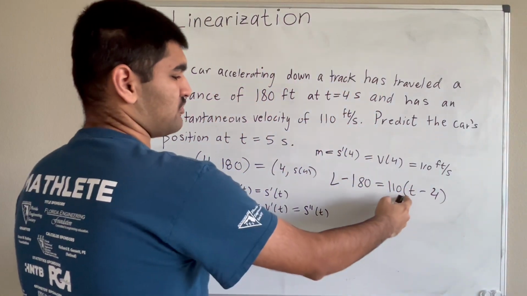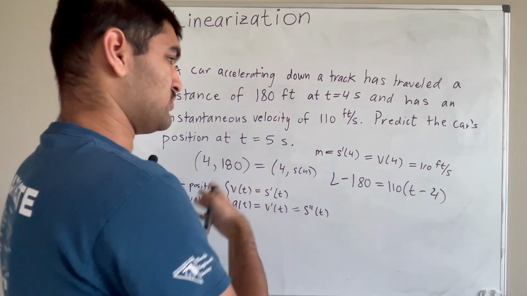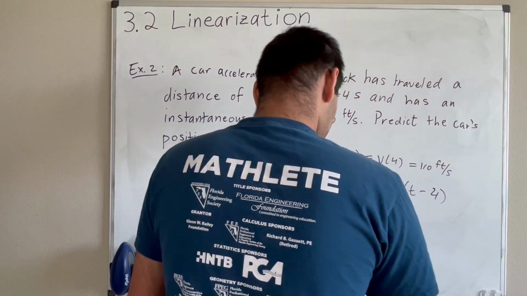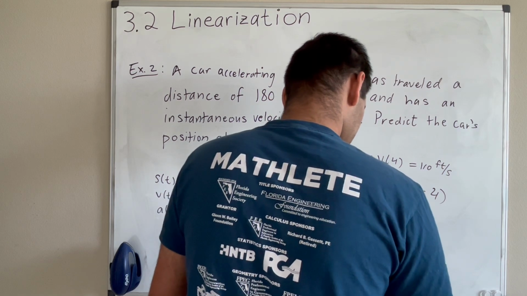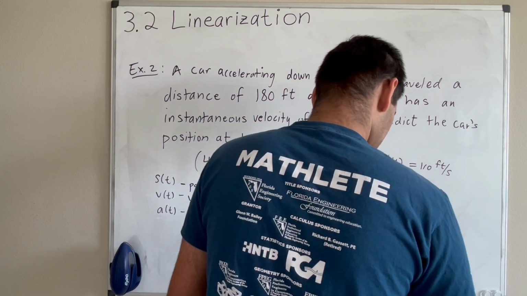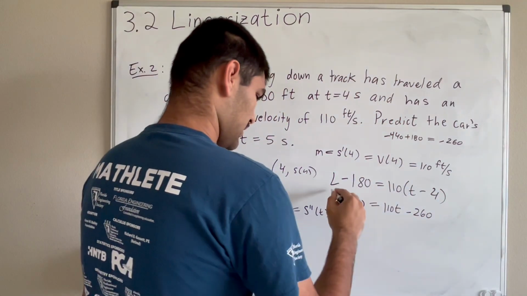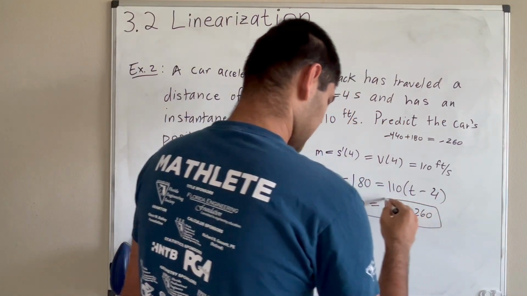And note that this time I'm using t as the independent variable because we are dealing with time, right? So we get that L of t is equal to 110t minus 260. All right, so this is our linearization function.